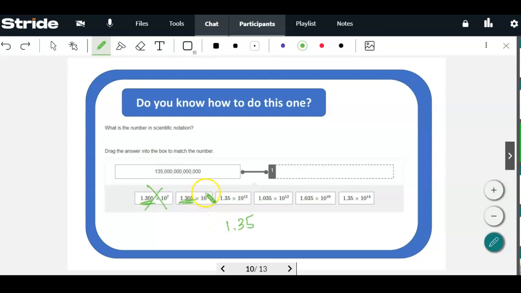This is not correct. Get rid of it. This one's okay. This is not correct. Get rid of it. This is not correct. Get rid of it. This one's okay. Now let's figure out, is it to the 12th power or 14th power? You're going to count the number of places it moves. There's 3, 6, 9, 12, and 2 more is 14. So it's this one.